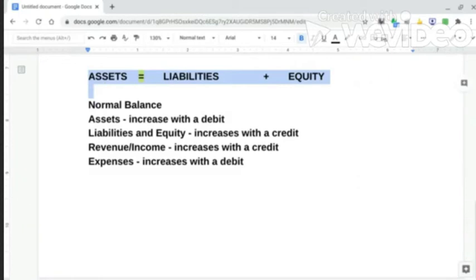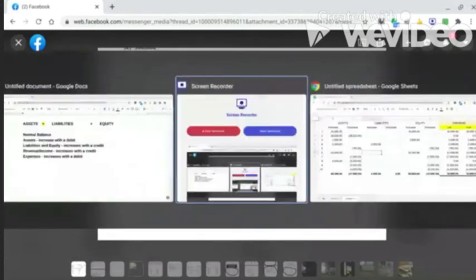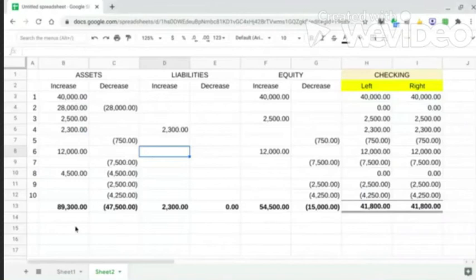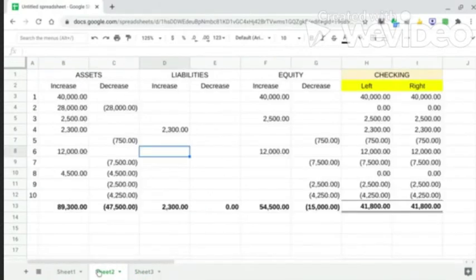So in order to complete this table, we are going again to use our sheets so that it will be easier for us to compute for this one. So let's just create a new one.